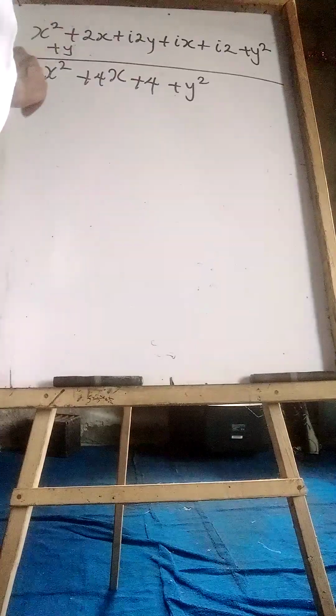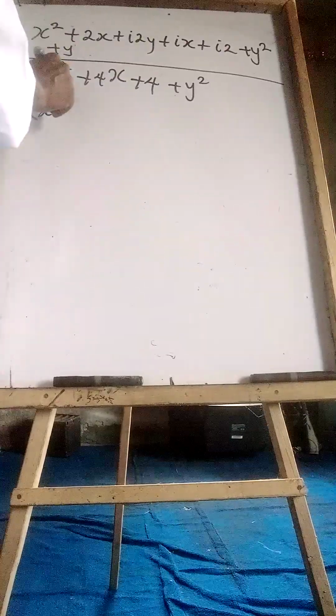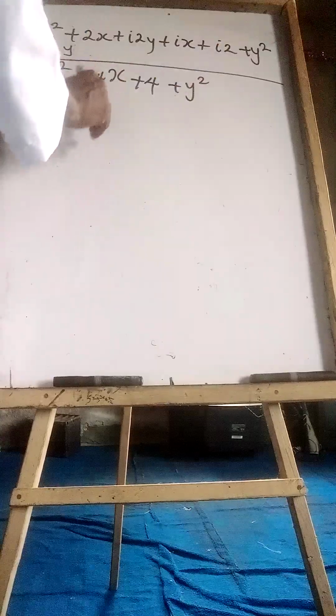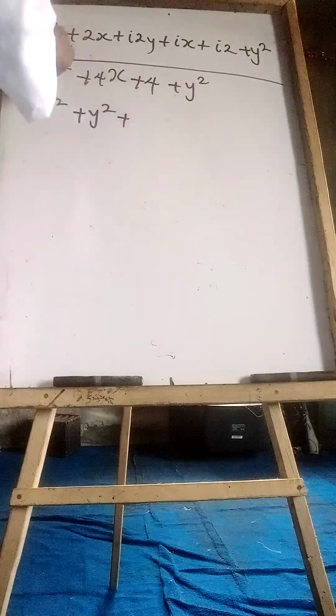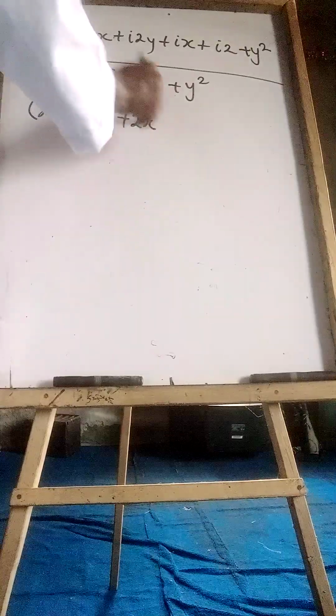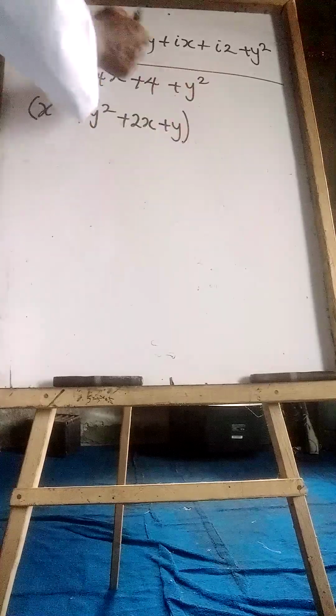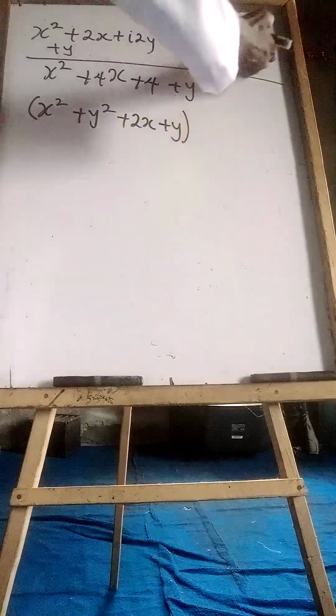So what are the real parts? That's x squared plus y squared plus 2x plus y. Then what are the imaginary parts? All those with i.